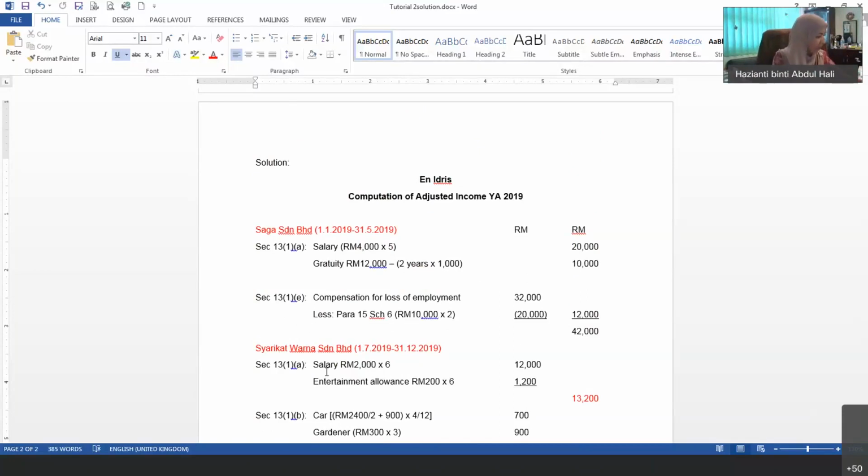Because for employment income, normally, like I said, we do not combine it into one question. But for the rest, we have the non-business income, the investment income semua tu, then we can put another question for that, because we have done employment income. The next one would be other income, or investment income.